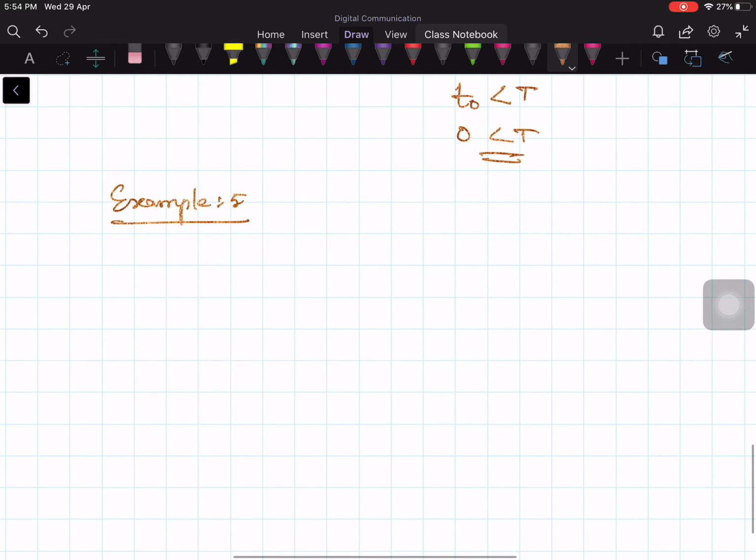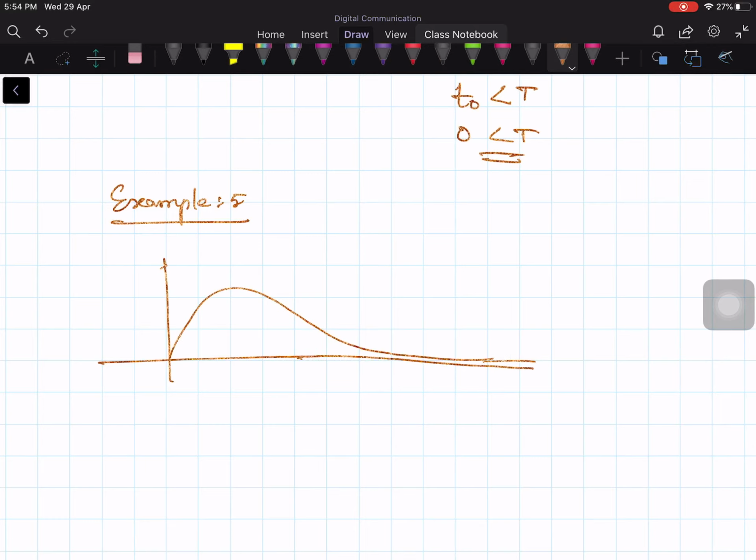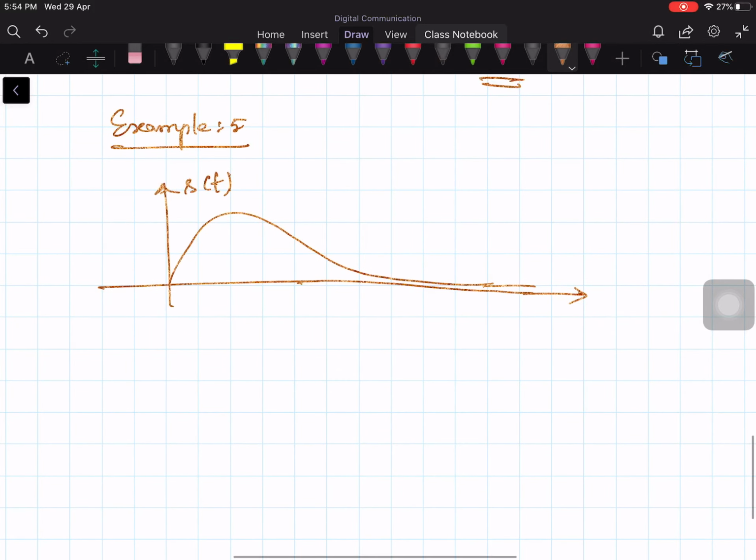Now the pulse looks like this, it goes up to infinity, s of t. Now for this, how do you find the impulse response?